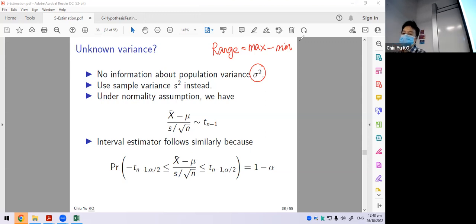Or if you want to guess the Hang Seng index, what's the maximum and minimum? Usually you have some idea. In the current state of the world, you don't expect the Hang Seng index to go beyond 20,000, and it cannot go below 10,000 for today. Maybe something will happen, but we assume that will be appropriate. In that case, we can guess the sigma. So that is the use of range; we didn't mention it in the beginning, but range can be useful to estimate.